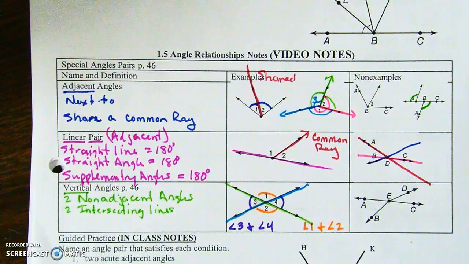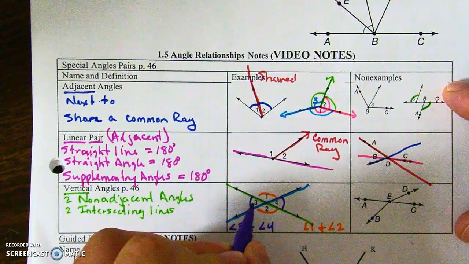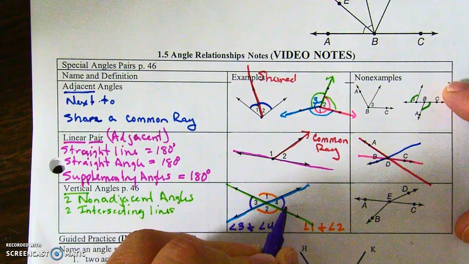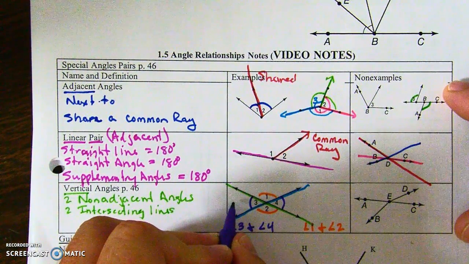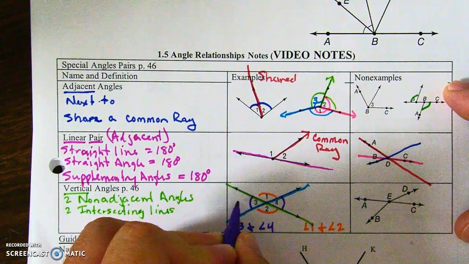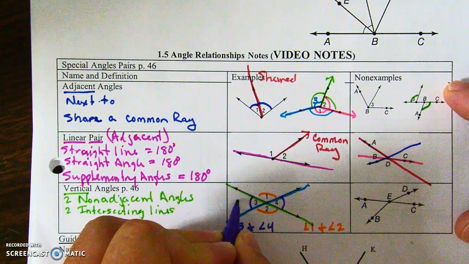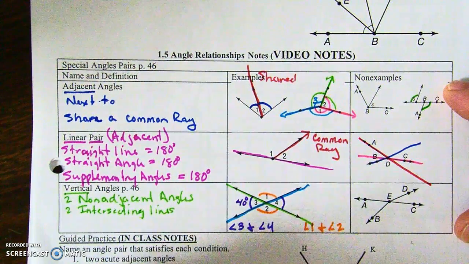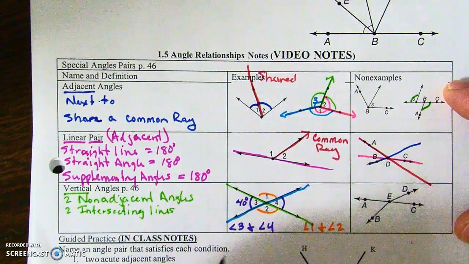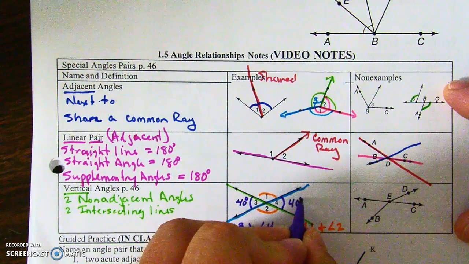When we talk about congruent, that means angle 3 and angle 4 are equal to each other, which is also congruent. So if I were to say angle 3 is equal to 40 degrees, that means because it's vertical to angle 4, this one also equals 40 degrees.